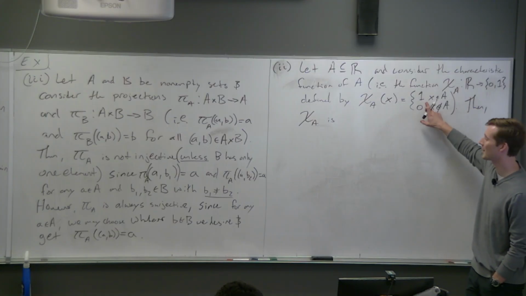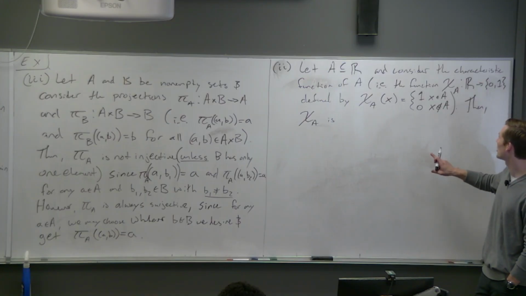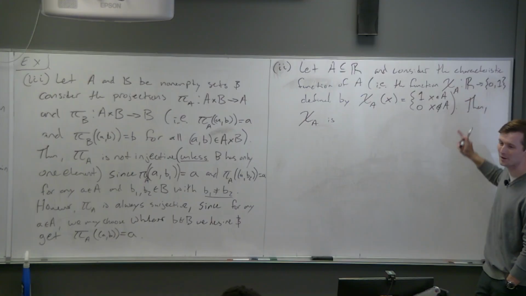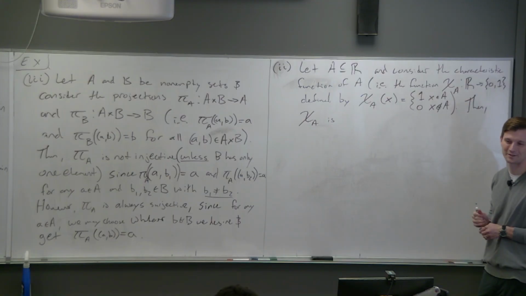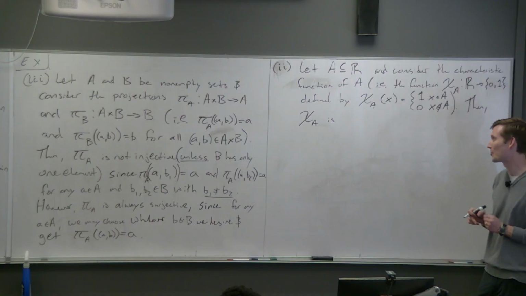Well, there's only one time 1 gets hit. What about 0? There sure are a lot of things in the reals other than just that one element, right? Okay. Would we have it be injective? No.